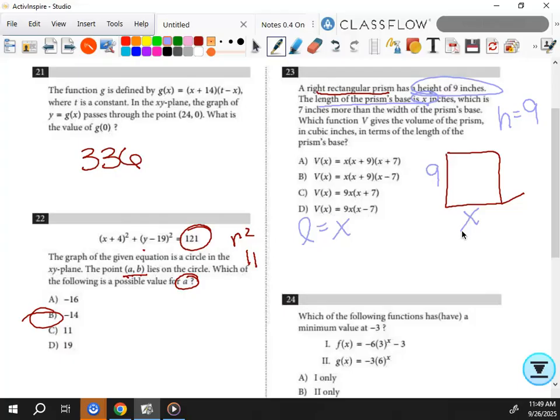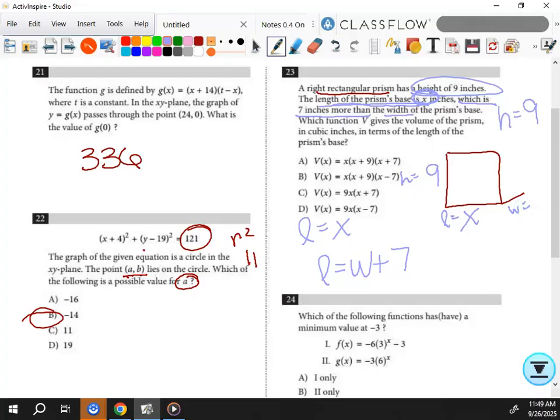This says the length of the base of the prism is x inches, which is 7 inches more than the width. What is 7 inches more than the width? The length. So the length is 7 inches more than the width. Do we agree with that? Okay. So this is the height. This is the length. This over here is the width, right?